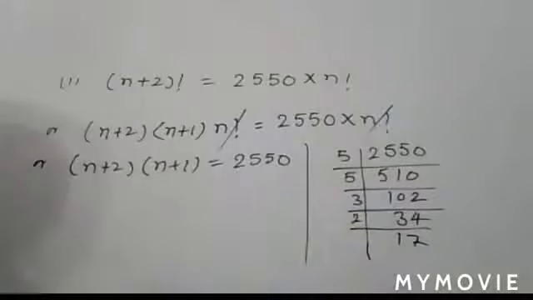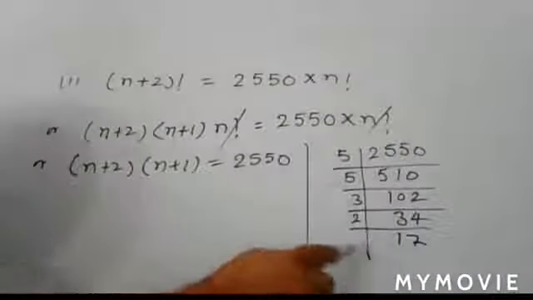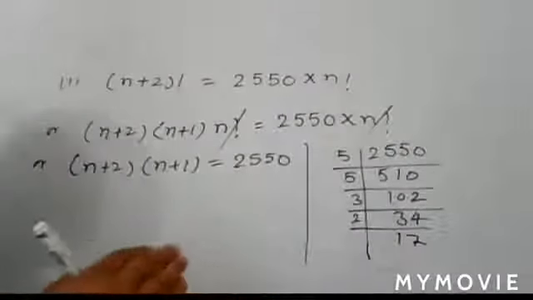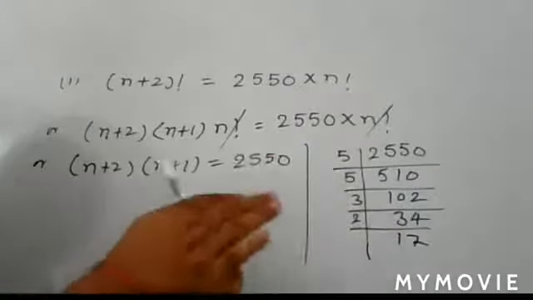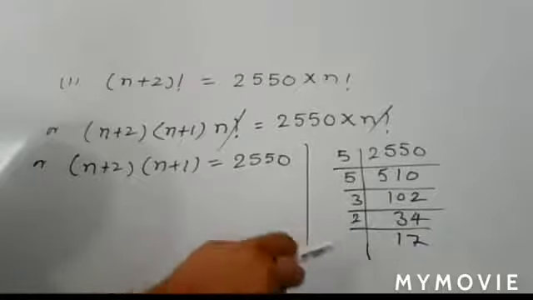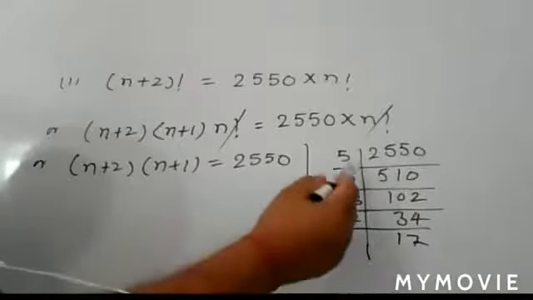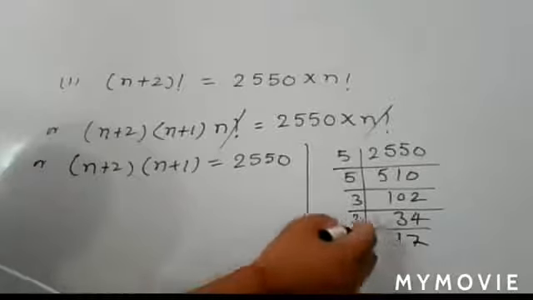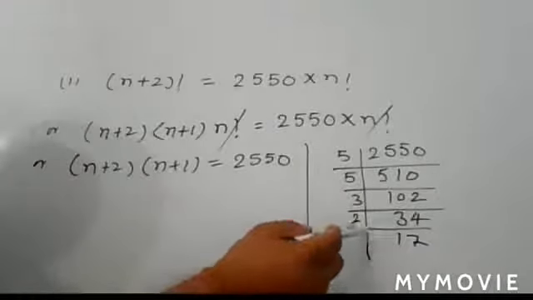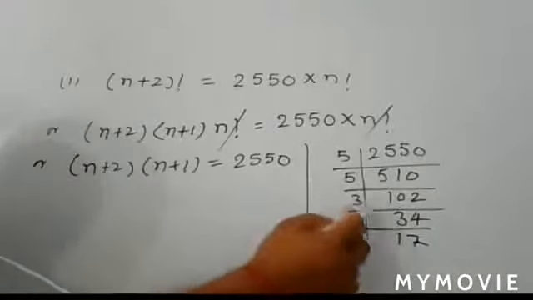Here you have factors, and you have to take the factors in such a way that the difference between them is 1. So just check in which way you can take your factors. 17 into 3 will be 51.